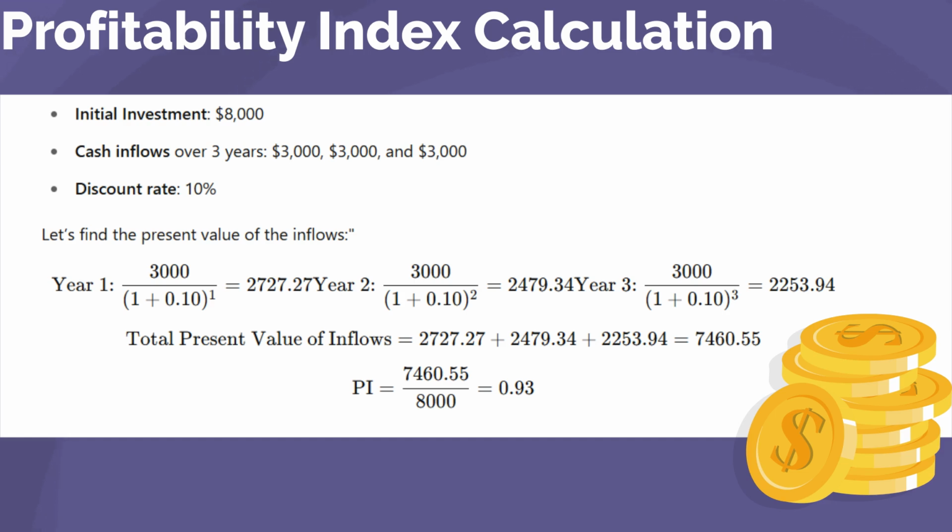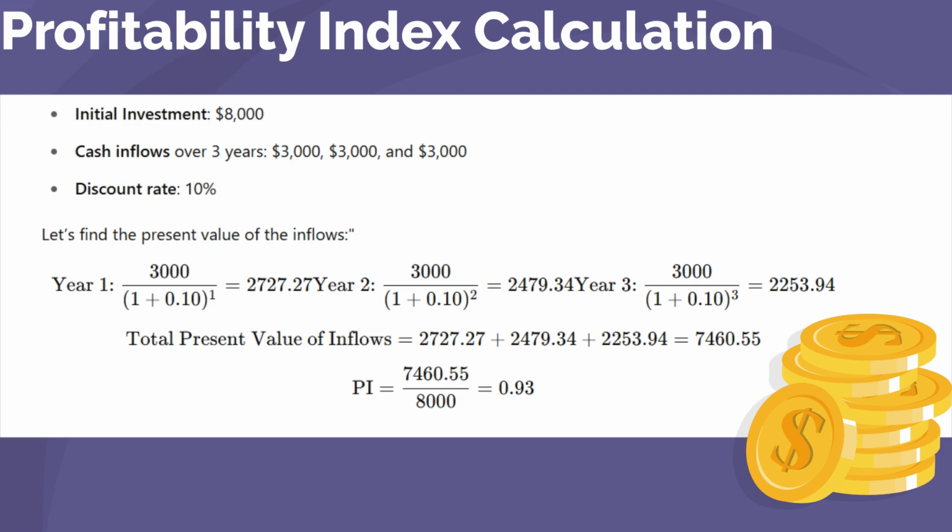Now, let's calculate the present value of each year's inflow. Year 1: 3,000 divided by 1 plus 0.10 raised to the power of 1. That equals $2,727.27. Similarly, we will calculate for the remaining 2 years and add them to arrive at the present value of inflows.